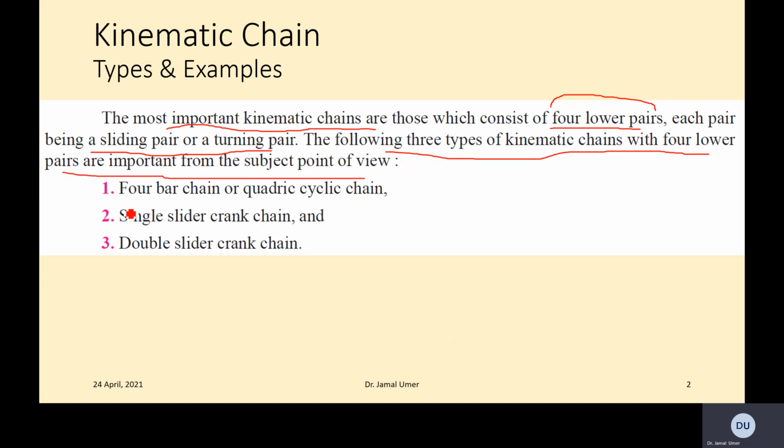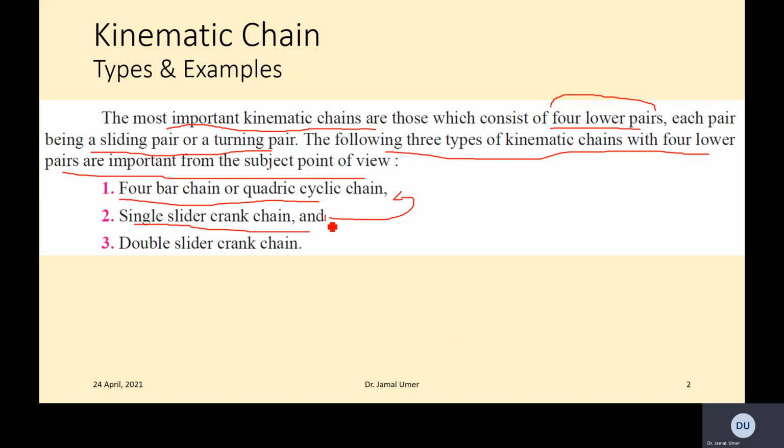One example is the 4-bar chain, which is sometimes called a quadric cyclic chain as well. Because we have four, quadric is basically four. Then we have a single slider crank chain. You might remember the slider crank mechanism is already a 4-bar chain.